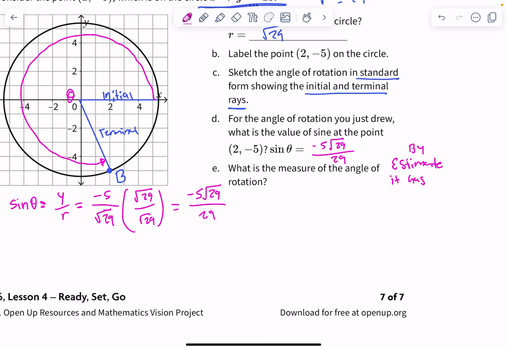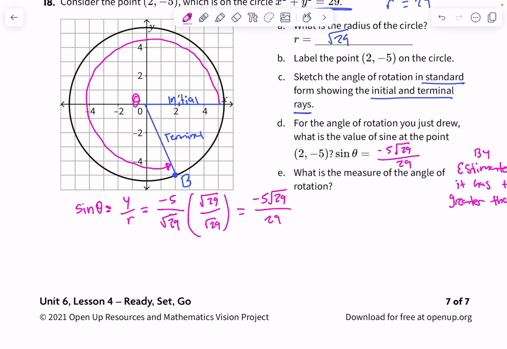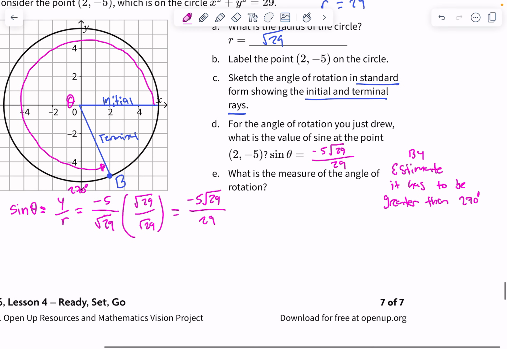Think about that. Greater than what? Yes, it has to be greater than 270 degrees. Because this is 180, this is 270 degrees. So it has to be greater than 270, but less than 360, right? So that's kind of standard.